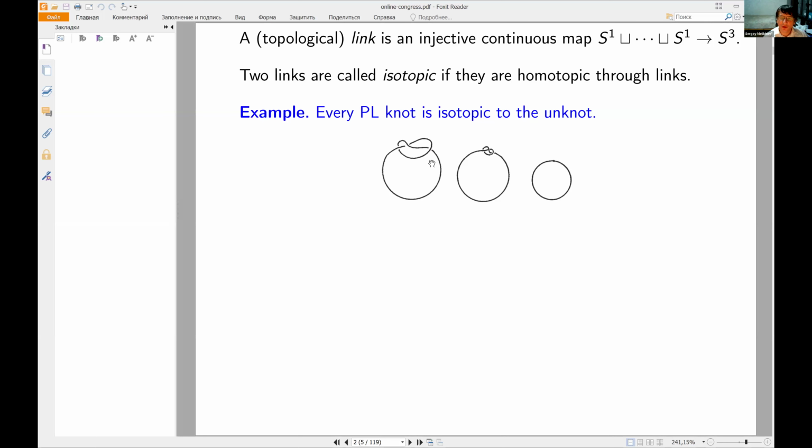You pull the rope so that less and less of rope goes into this trefoil, and then you have just one point, and all of this is legal. You don't have any double points. It's injective. It's continuous. So you can kill every knot by an isotopy. Actually, if you do it carefully, it's a conical process, so it's a piecewise linear isotopy.